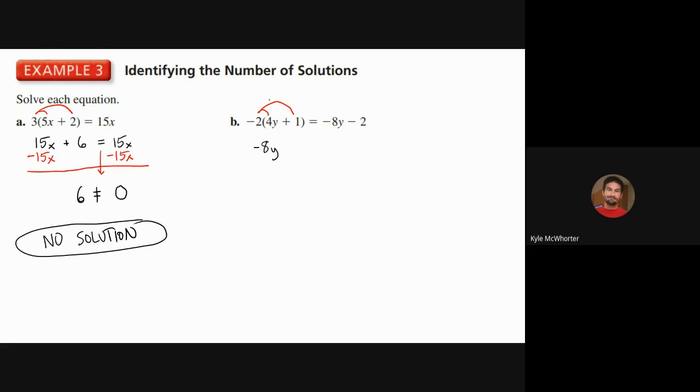And then negative 2 times positive 1 would give us negative 2. And we can see right now the left side is exactly the same as the right side. So this is an identity, and it has infinitely many solutions.